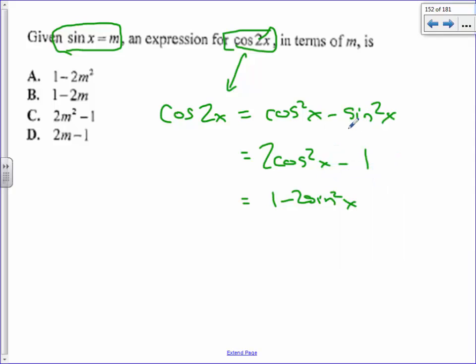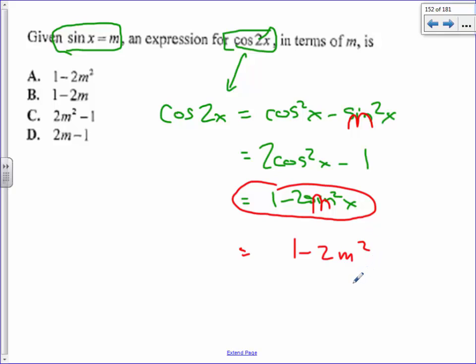Sine x is really m, so I could put an m right here. Or I could try putting an m right here. I think this one right here is the best bet for getting something that's in one of the 4 answers, because this will now be 1 minus 2m squared. And that's it.